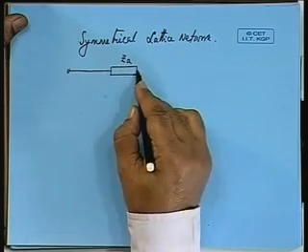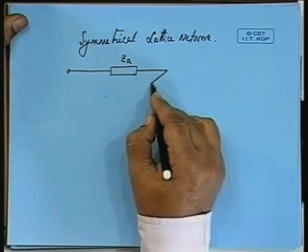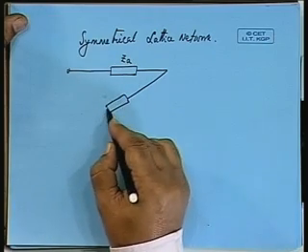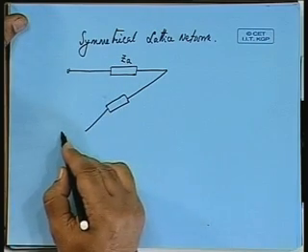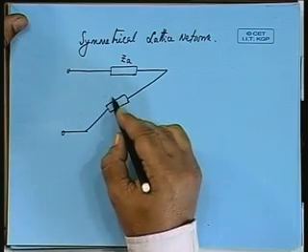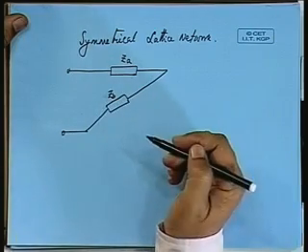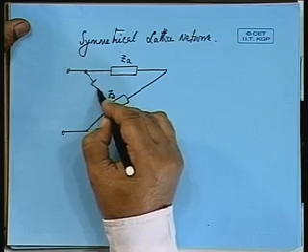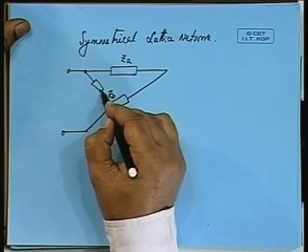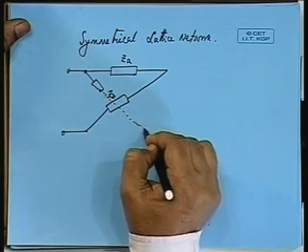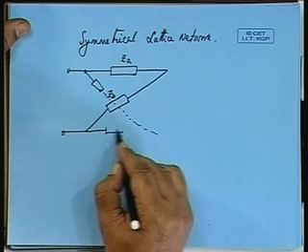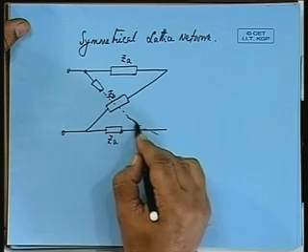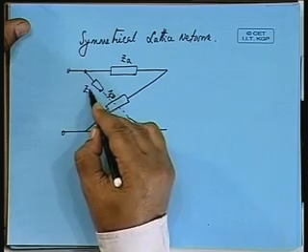ZA is an impedance, ZB is this impedance, and similarly you have ZA here and ZB here.